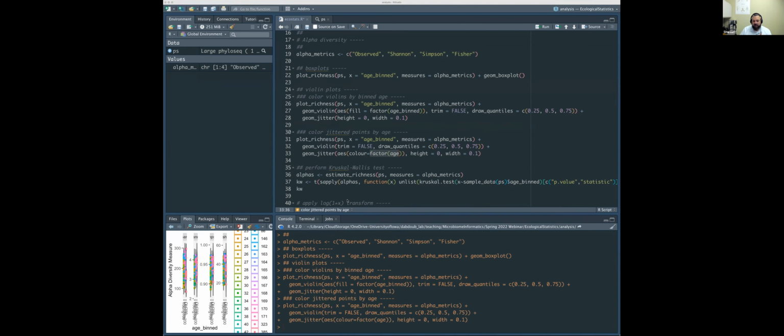That's not entirely true for Shannon. It does look like in the younger mice in Shannon that there is some age dependency. So the younger mice might have some gradient in alpha diversity that doesn't seem to be present among the middle-aged and the older mice.